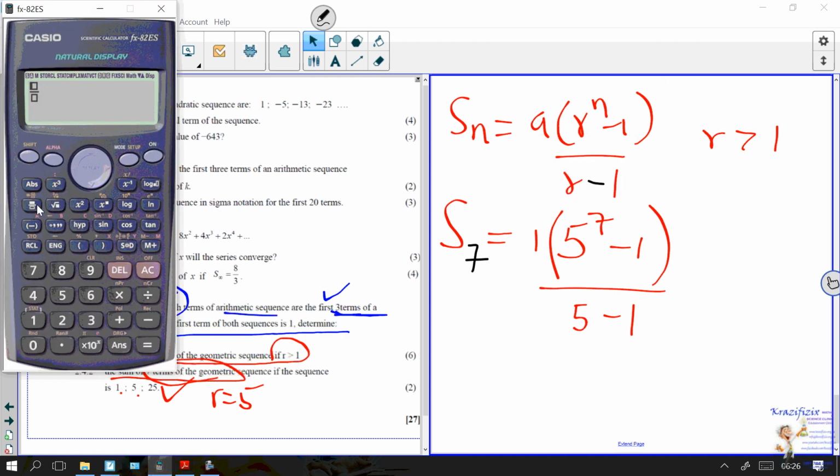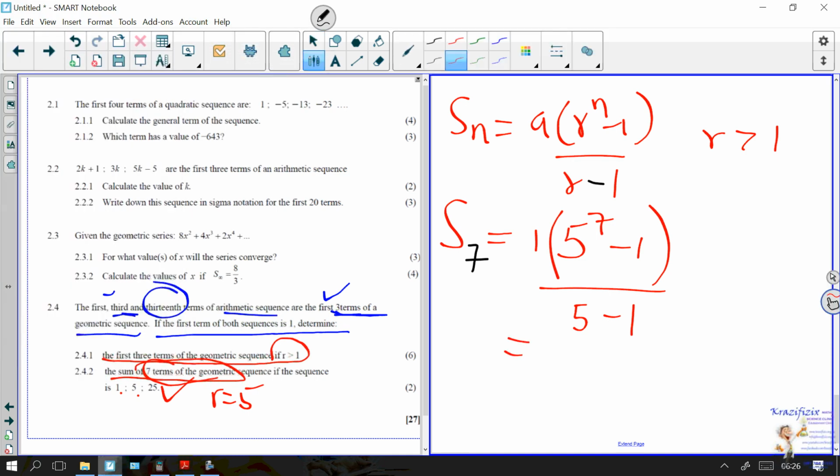I normally tell my learners your head is too small to do this. We have 5 to the power 7 minus 1 over 4, which is 19,531. All right, question 2 is done.